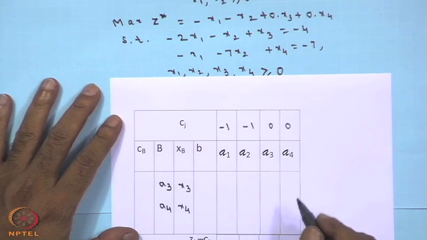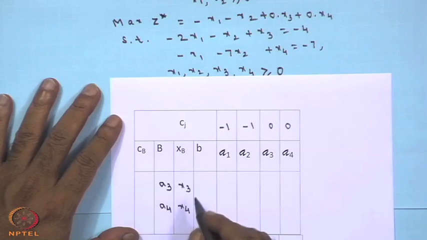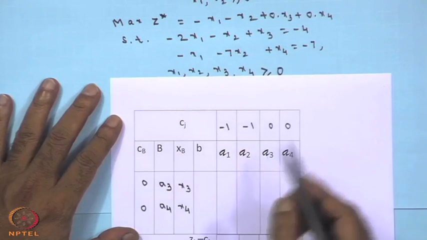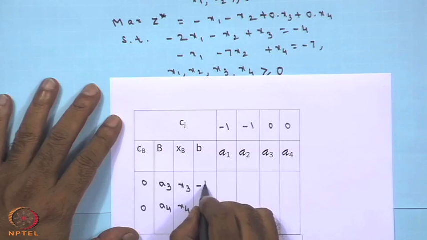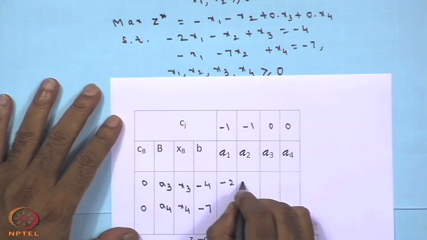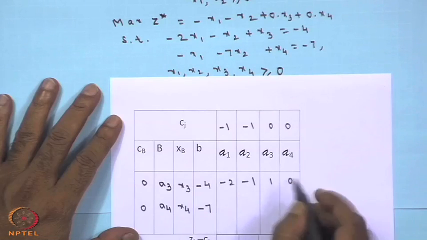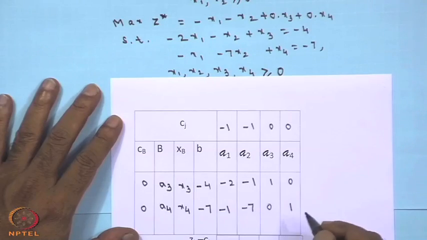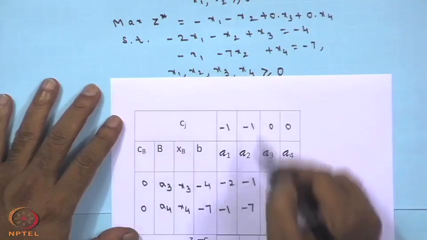So, once you are getting this one, your value of Cb for a3, a4 is again 0, 0. So, write down the b values: minus 4, minus 7. The first row is minus 2, minus 1, 1, 0, and the next row is minus 1, minus 7, 0 and 1. So, from here you are obtaining this.